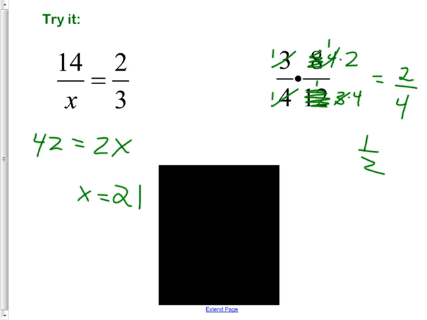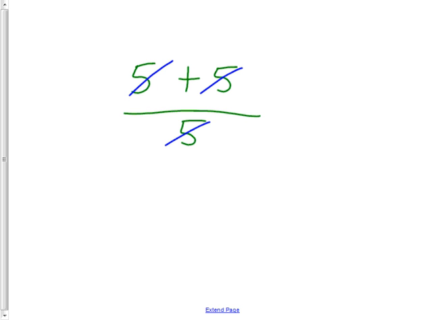Okay, let me show you an example where, if you cancel something, you better make sure that you replace it with something. Watch. I go cancel, cancel, cancel, and the answer is 0. All right. Because that's a 1, that's a 1, and that's a 1. And that would be 1 plus 1 over 1, which would be 2 over 1, which would be 2.